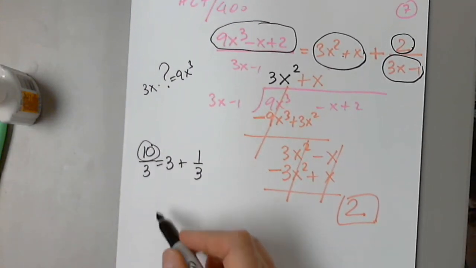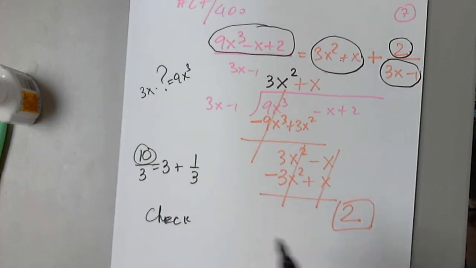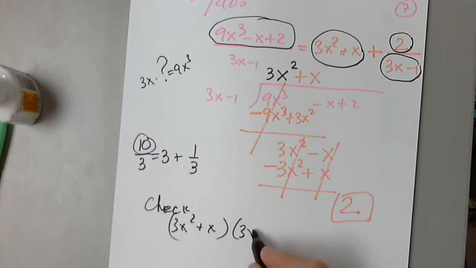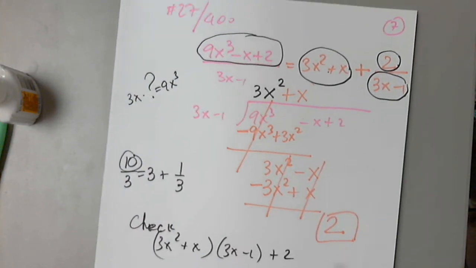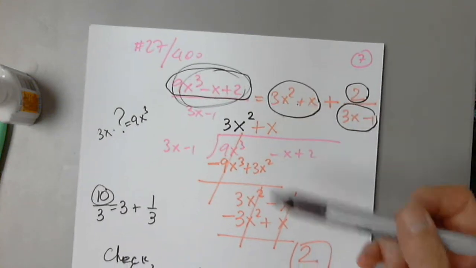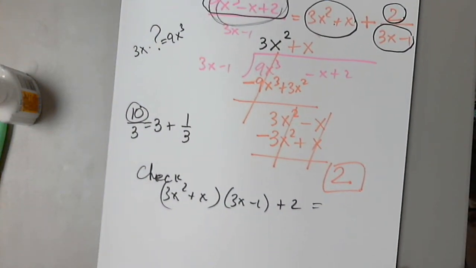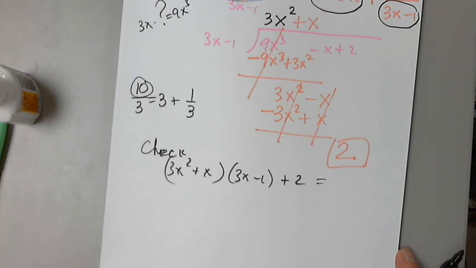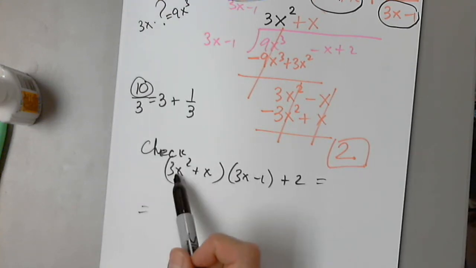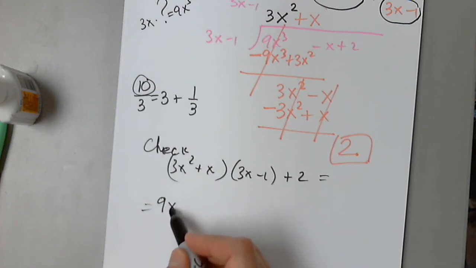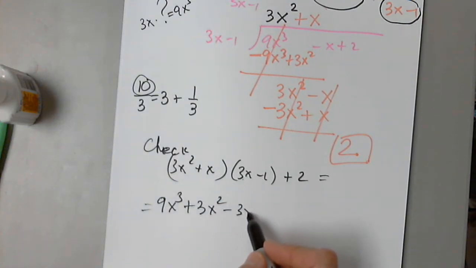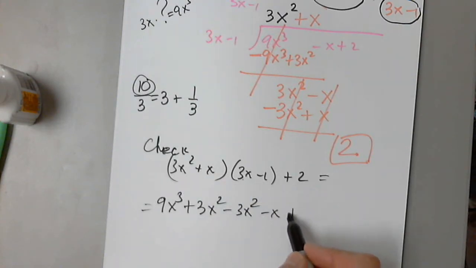So let's say we want to check. So 3x squared plus x multiplied by 3x minus 1 and plus 2. If the answer is not this, then the answer is wrong. We have to start from scratch. So let's do it. I distribute from here. 3x times 3x squared, 9x cubed, then plus 3x squared, and then minus 3x squared, and then minus x and plus 2.